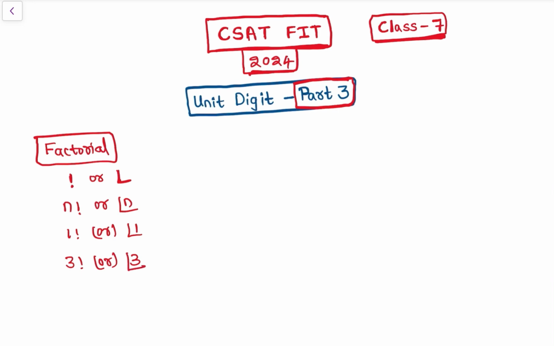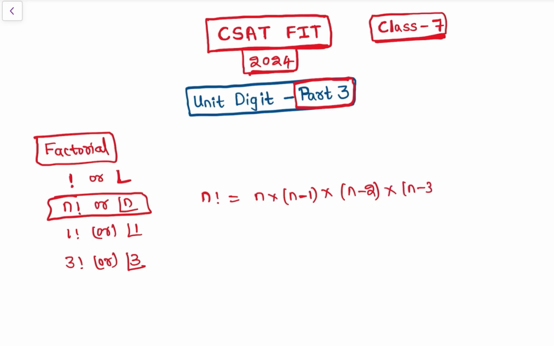So let's understand. See, the formula of factorial is, say n factorial, that is nothing but n into n minus 1 into n minus 2 into n minus 3 into so on till 1. So let's say 5 factorial.